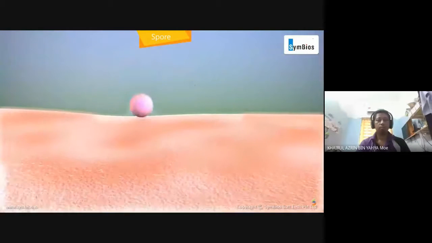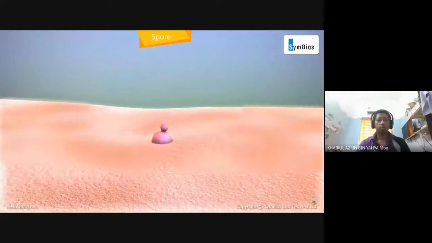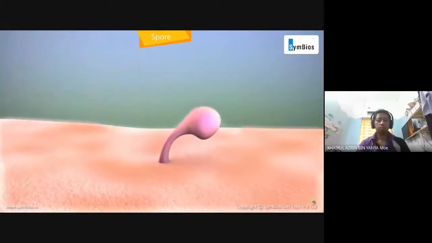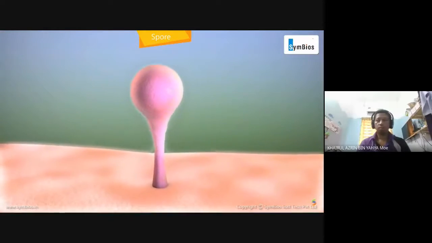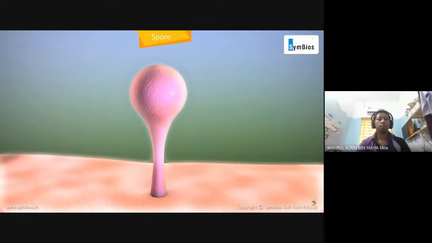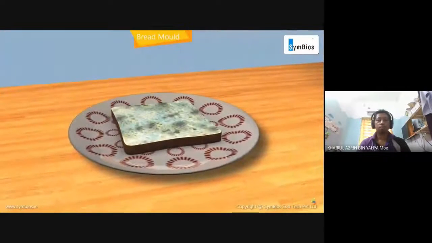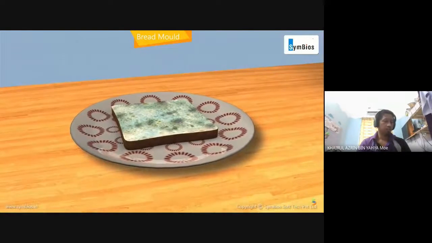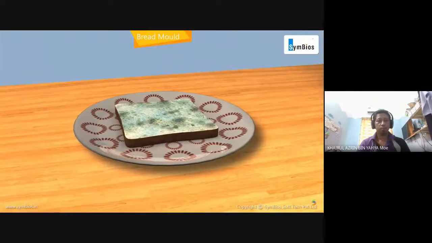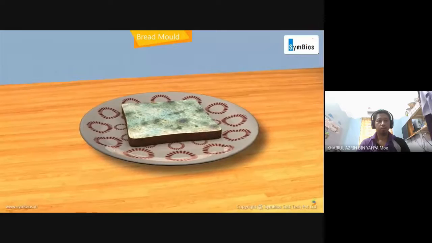A spore is a tiny, spherical unicellular body covered with a thick wall. It grows into a new plant when conditions are favorable. Bread mold, that can often be seen growing on moist, stale bread, grows when spores settle on the bread.